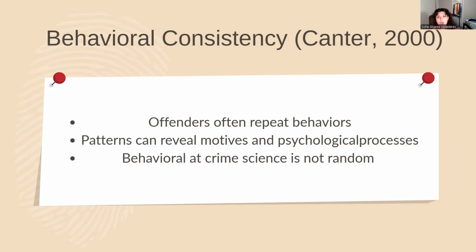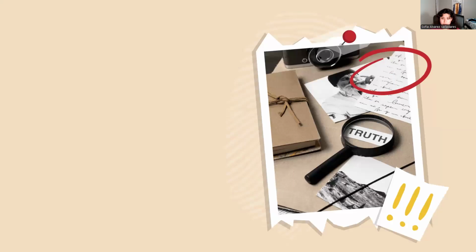These repeated actions are not random, but they reveal important psychological patterns, which could be motives, emotional triggers, or levels of control, and they help investigators link other crimes to this offender. So it could draw a deeper conclusion about an offender's state of mind.